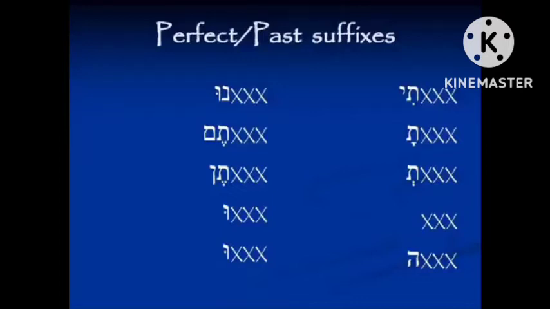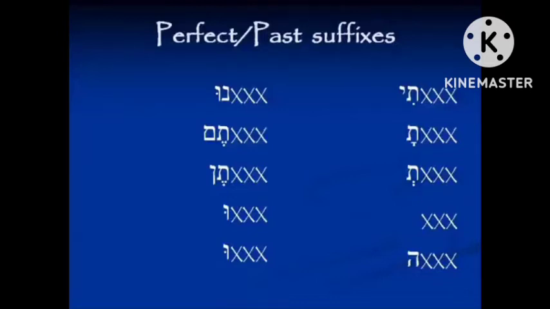The third person masculine singular, he did something, will usually carry the vowel configuration of the name of the binyan. So just looking back very simply, if the binyan is pa'al, then we will see those two vowels, that kamatz and that patach, in the third person masculine singular.